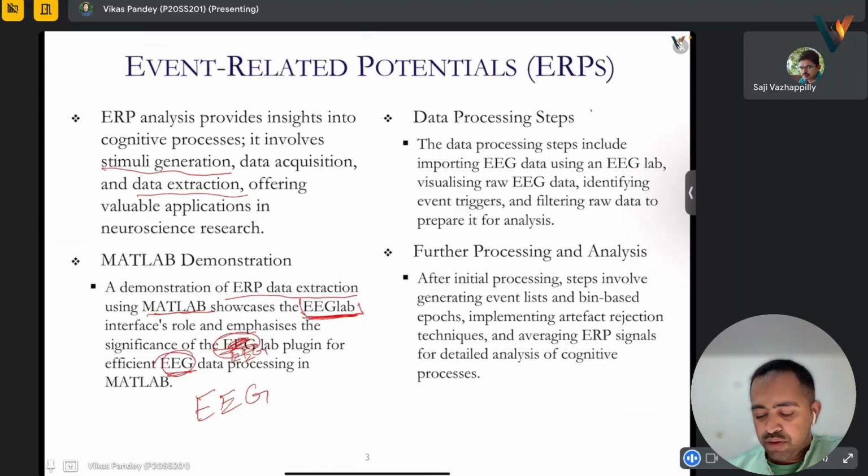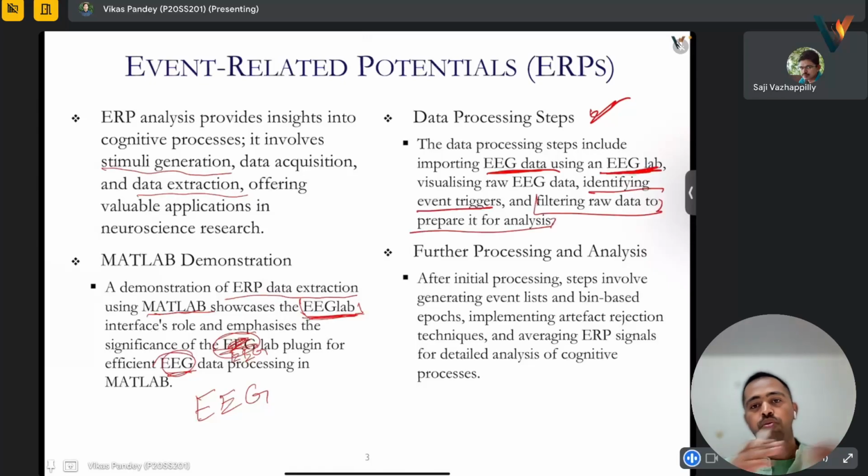Then there are some data processing steps. These include importing EEG data using EEGLAB, visualizing the raw EEG data to understand what the artifacts are, identifying the event triggers, and filtering raw data to prepare it for analysis. Our useful aim is to remove the artifacts.